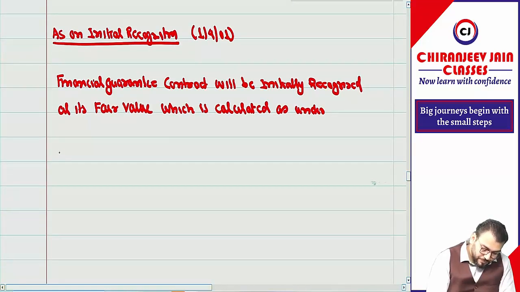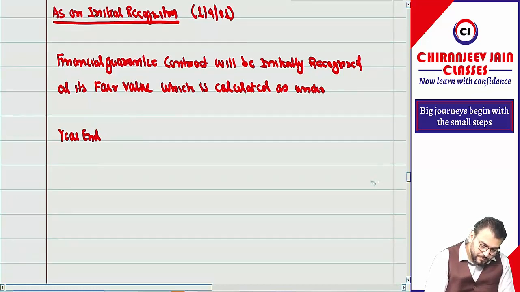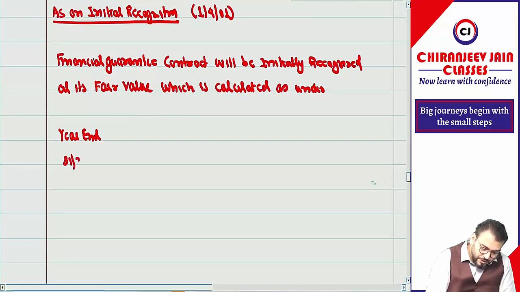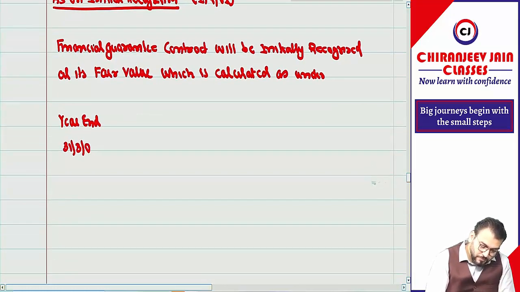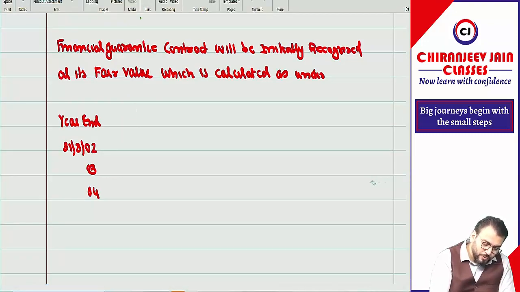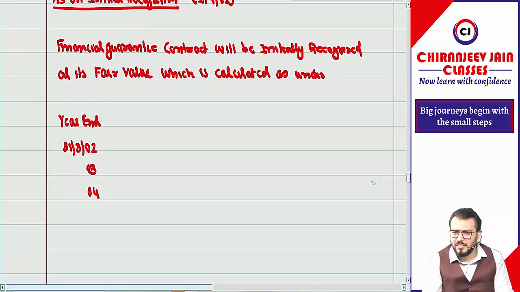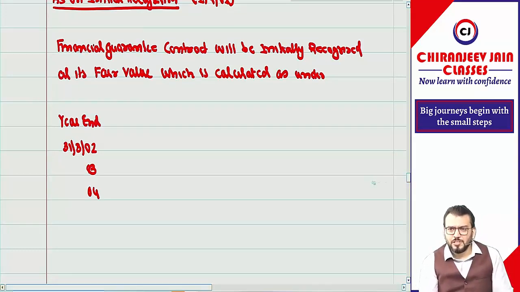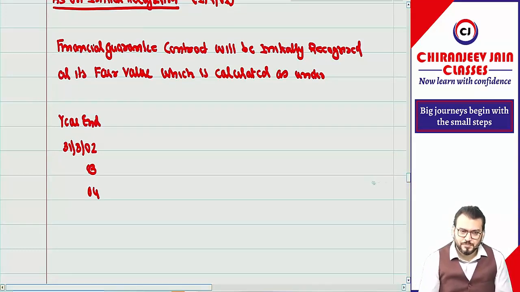Year end 31st March 2002, 3, 4. Don't write down contractual, write down cash outflow. First at 12% or 11%? Without guarantee it is 11%.